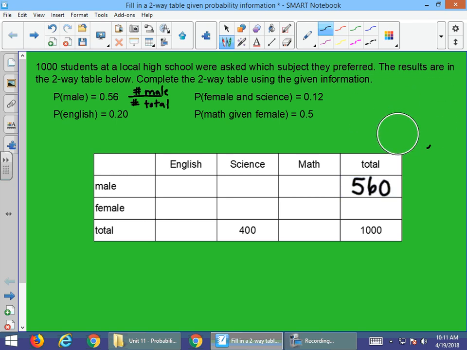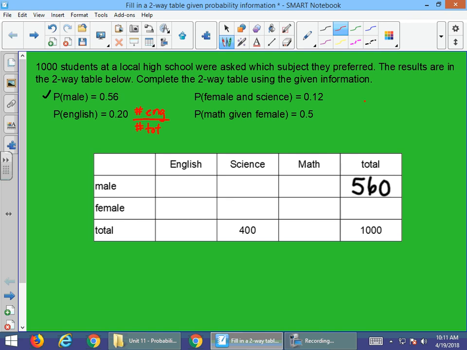All right, let me erase that. Now, the probability that someone takes English. This is going to be the number of students that take English divided by the number of people in total. Again, number of people that take English, I don't know.